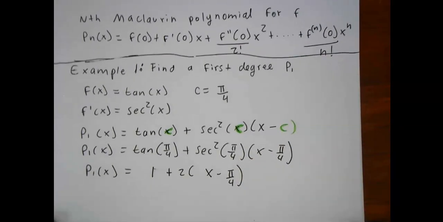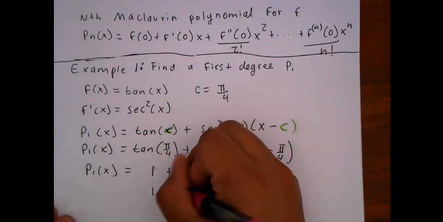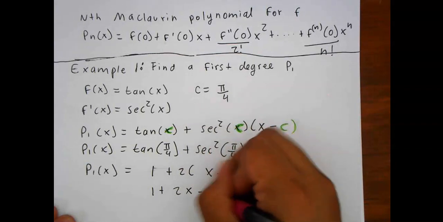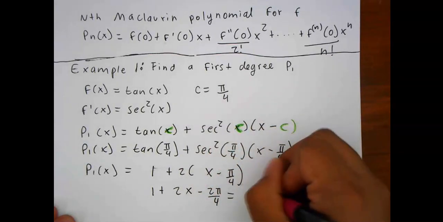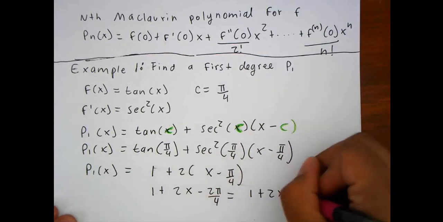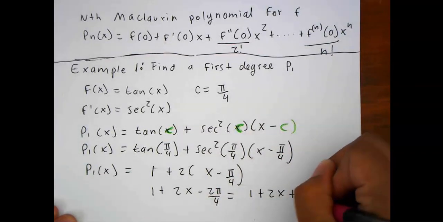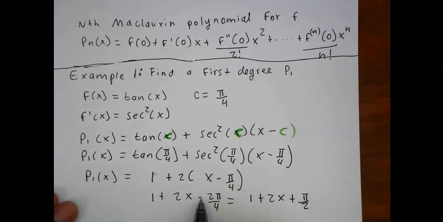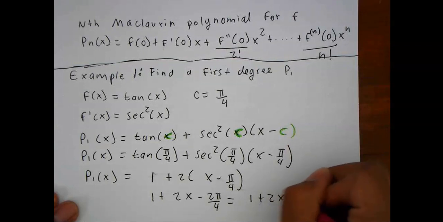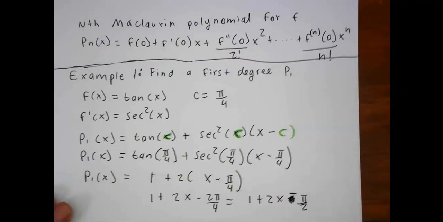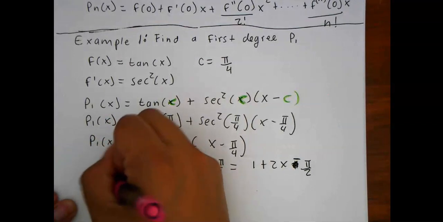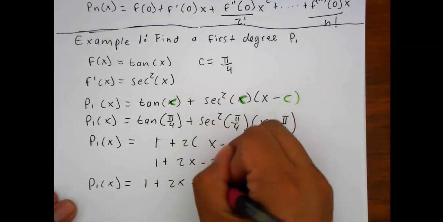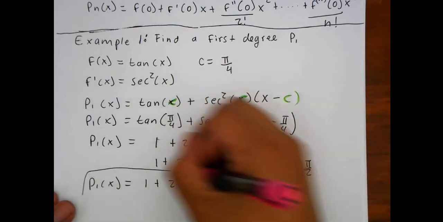So we have 1 plus 2x minus 2 times pi over 4, and that simplifies to pi over 2. It's a minus here. Final answer, P1 of x will be 1 plus 2x minus pi over 2.